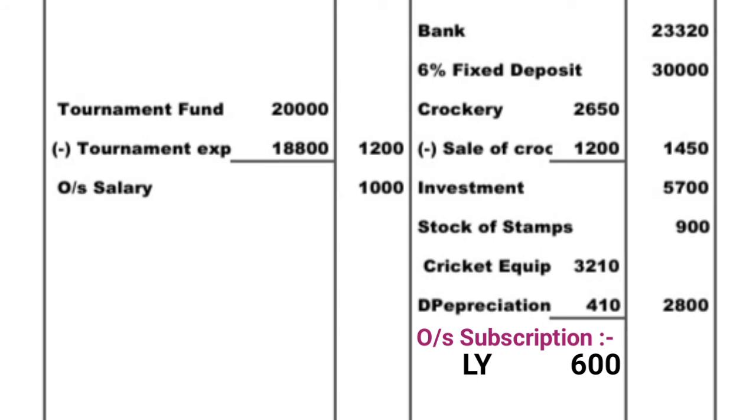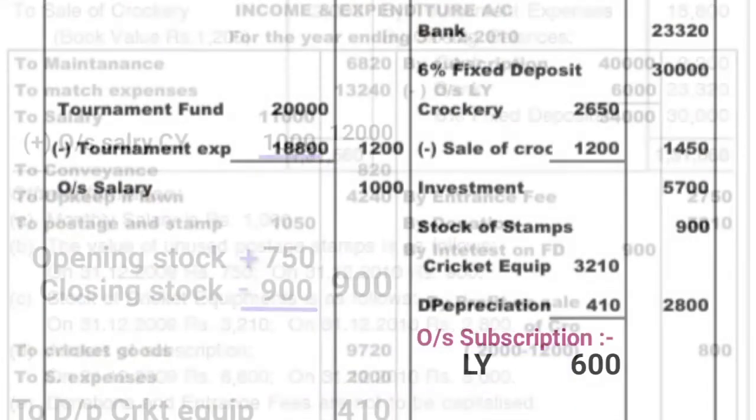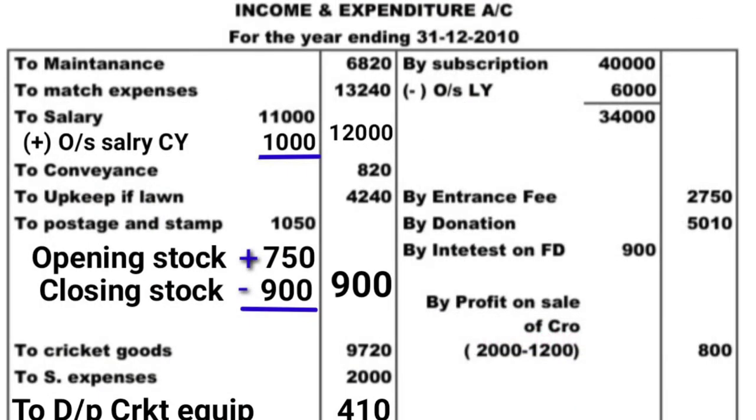In this additional information, it says that arrears of subscription on 31st December 2010 is rupees 8,000. Then what we will do? We will add this 8,000 in the income and expenditure account with subscription, outstanding of current year 8,000. This we will add, then we will write here 42,000.